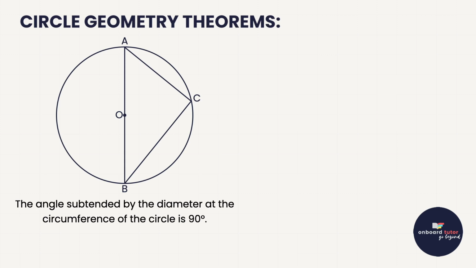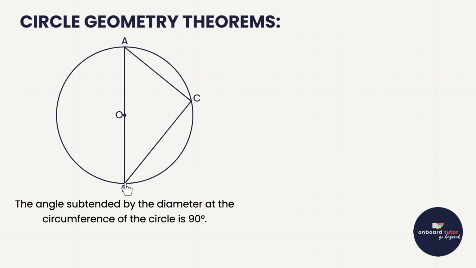Here's the next one. The angle subtended by the diameter at the circumference of the circle is 90 degrees. Subtended is a bit of a fancy English word, but what it means is if this is my angle here, angle C, and across from that is this line AB, then that line subtends the angle.